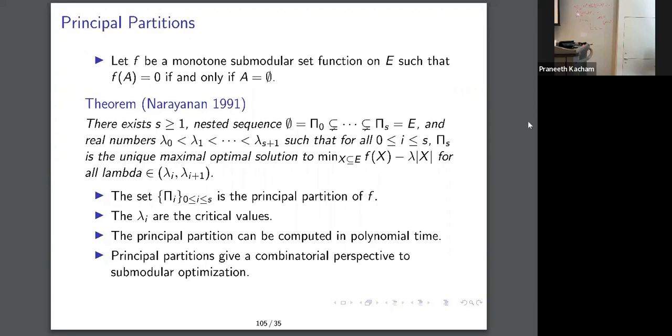So let's say subsets pi 0 to pi s, such that each pi i is the unique minimizer of this objective, F minus lambda times the number of elements of that X, and that lambda can be between lambda i and lambda i plus 1.